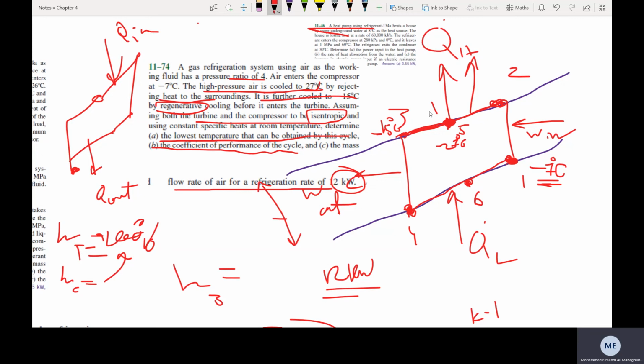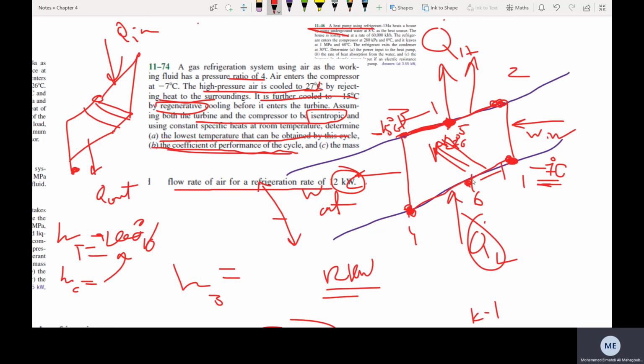So this region is by regeneration, and again, this region is by extracting the heat, and this region is by the regeneration. So the regeneration is going in this direction, just like here we have the regeneration in this direction. But the thing is whether it's going from down to up or from up to down, that's the direction of the heat. Okay, let's go back to the question.